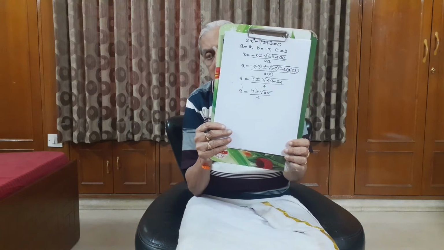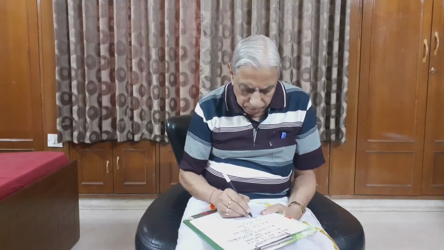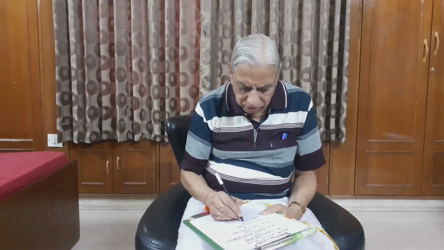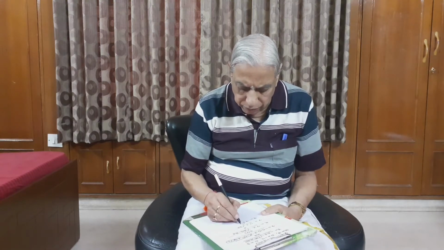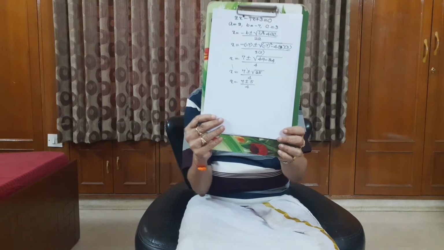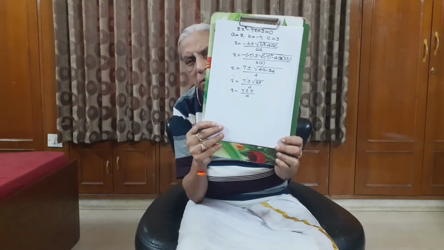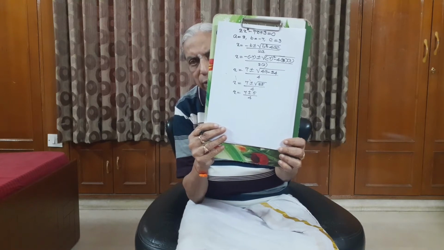Therefore, it becomes a rational number now. So, x is equal to 7 plus or minus, what is square root of 25? 5 I write, whole divided by 4. You see that? Instead of square root of 25, I am writing 5. 7 plus or minus 5 divided by 4.